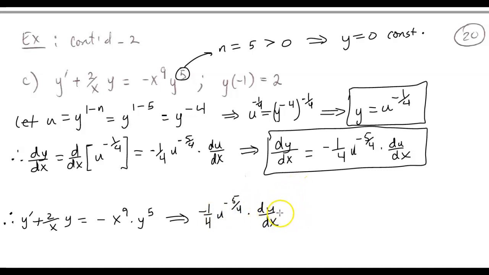So we have that for the first term. The second term is just 2 divided by x times whatever y is, which is u raised to the negative 1/4. And then that equals negative x raised to the 9 times u raised to the negative 1/4, and all that raised to the 5, which could just be rewritten as u raised to the negative 5/4. I'll go ahead and write it like that just for simplicity.